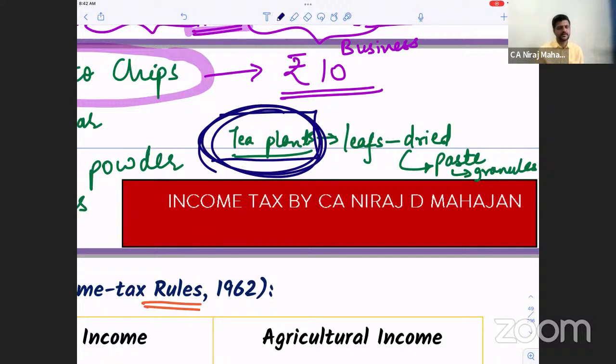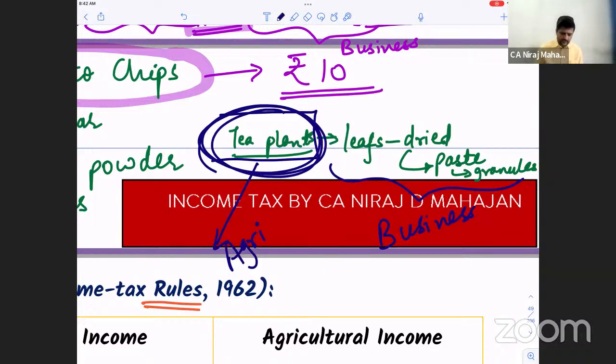The tea plant itself, let us say. Clear? And after that, as soon as it is sent to the factory, let me use the term now, factory. Correct? This, bacho, the element over here is going to be business. Okay? Till here, bacho, it is going to be what? Agri. Yes or no?